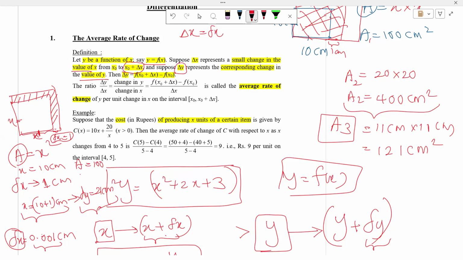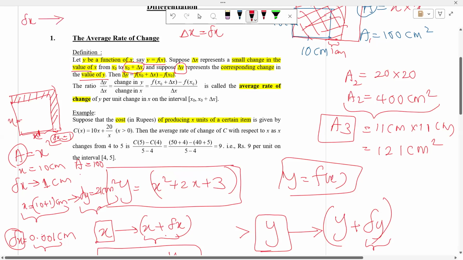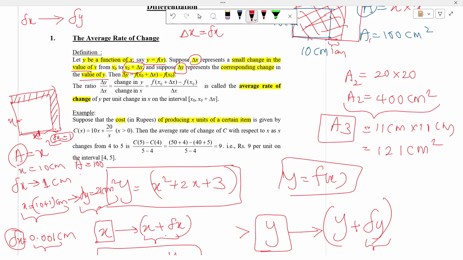If you do a small increment on the x variable, because of that, your y variable also has a small change. That change on variable y, we call delta y. Change means maybe increment or decrement, right?